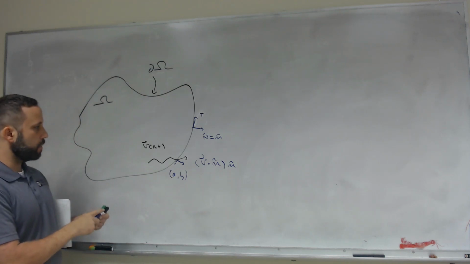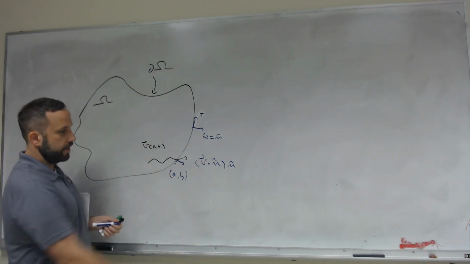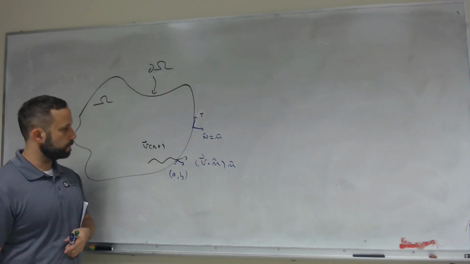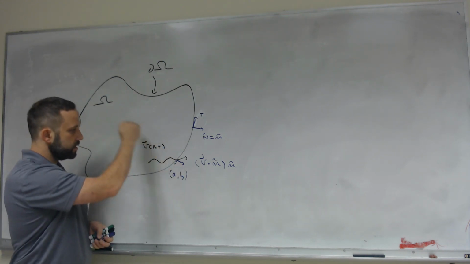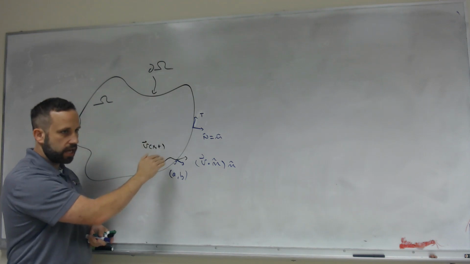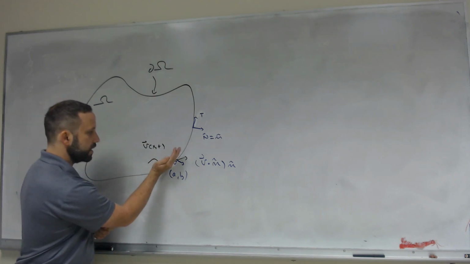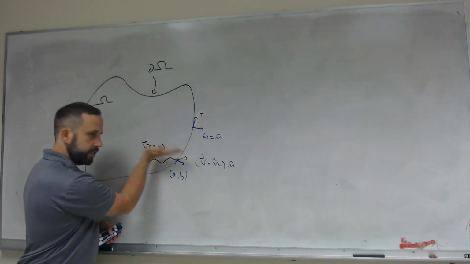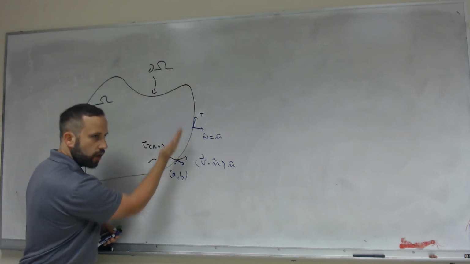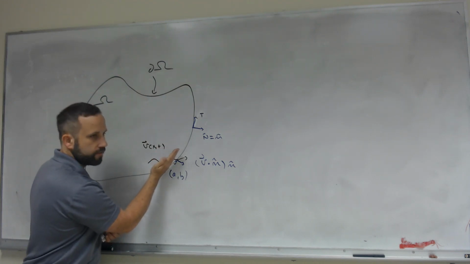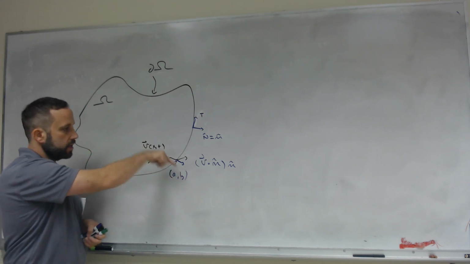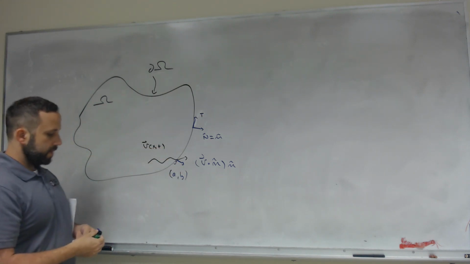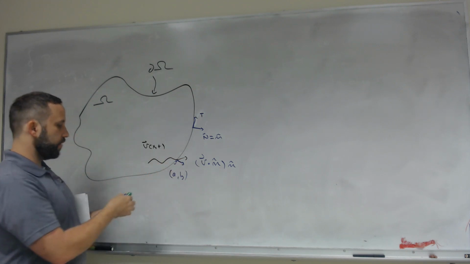That's the component of the velocity vector in the direction of the unit normal vector, and it's the only component that is bringing material outside of the domain. The tangential component at that point is not moving material outside of the domain; it's moving it alongside the domain.